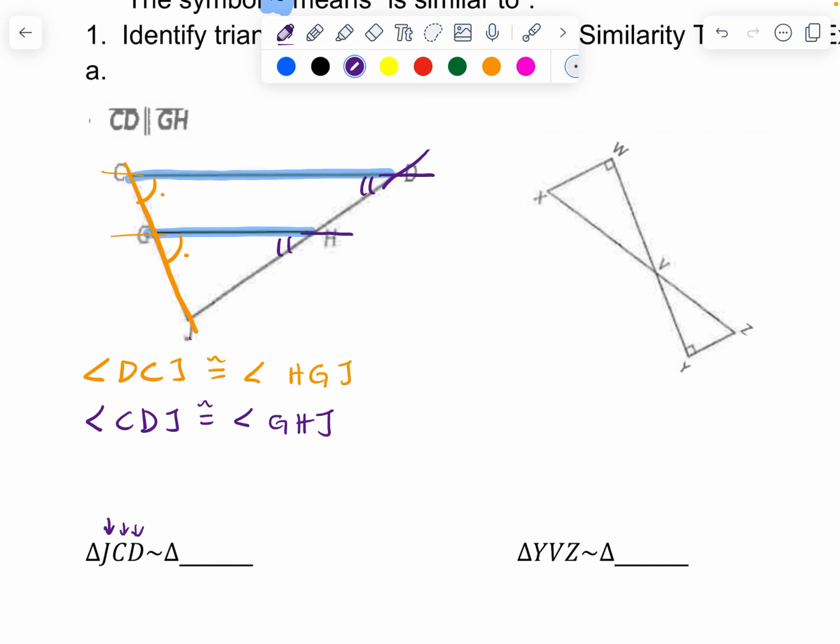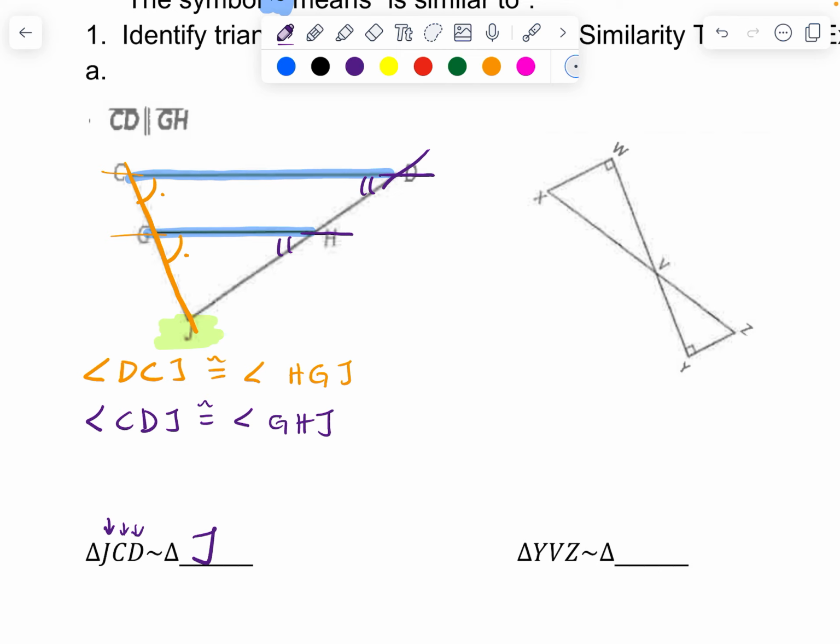J is in both of the triangles. So that means that J is going to go first.